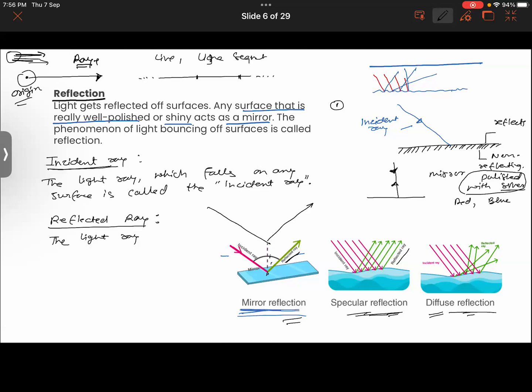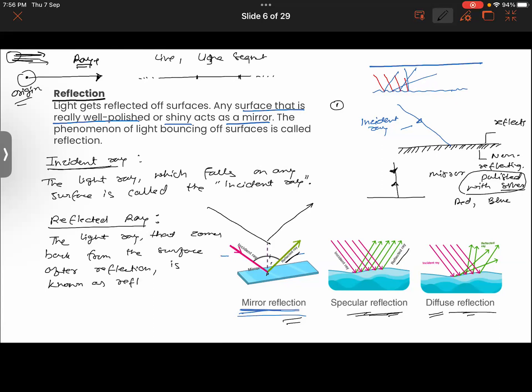So we simply say that the light ray that comes back from the surface after reflection is known as what? Reflected ray.